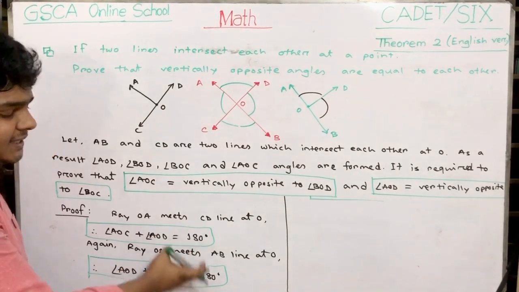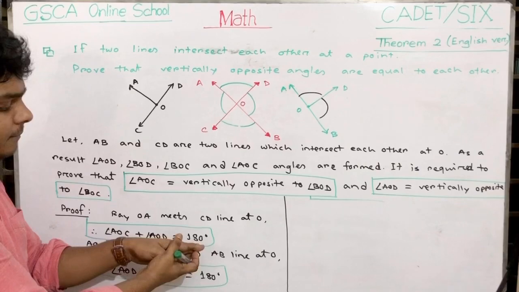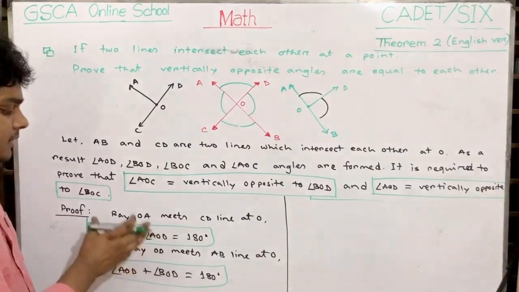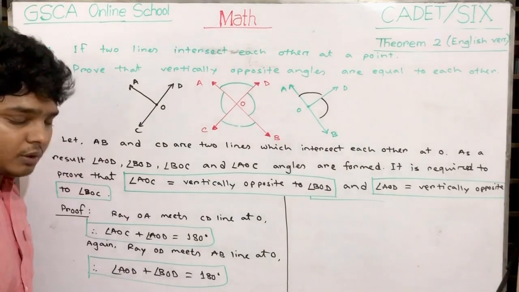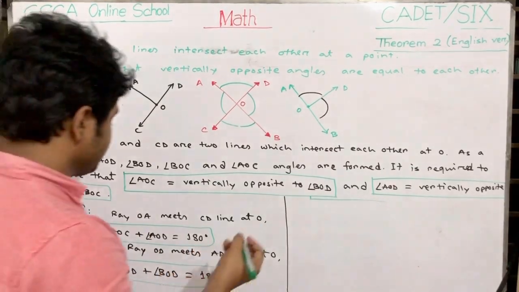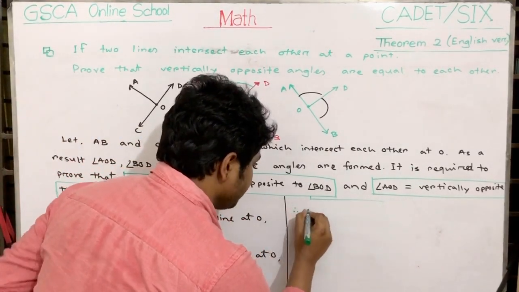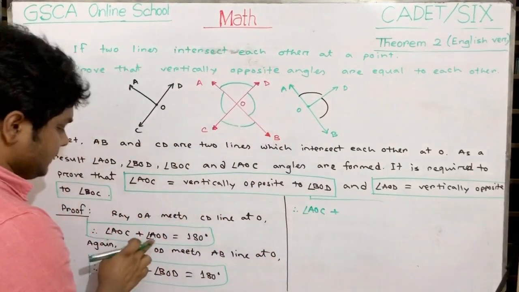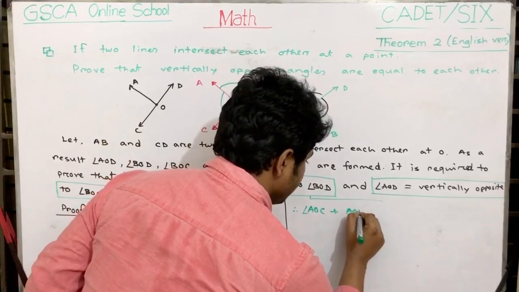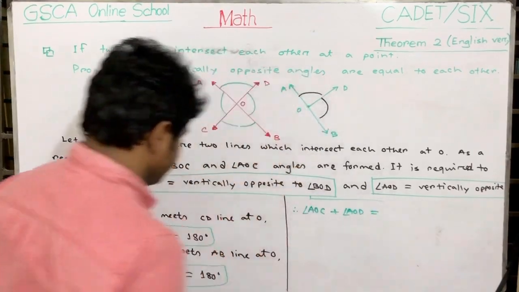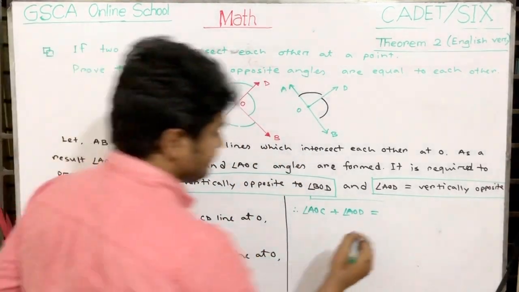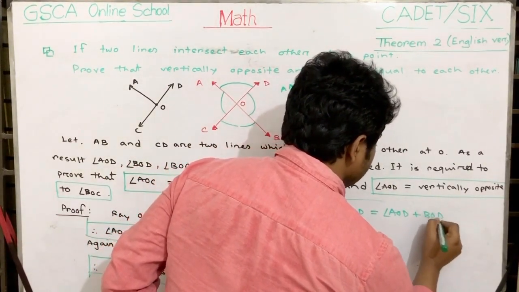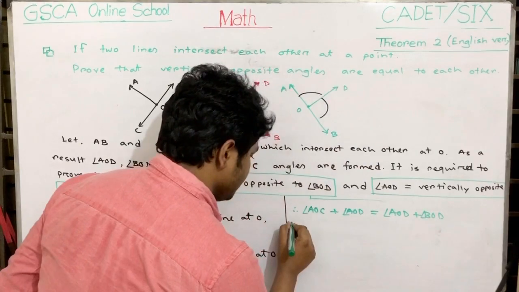Why? Because the right side is equal between the two equations, so the left side will also be equal. Therefore, AOC plus AOD is equal to AOD plus BOD.